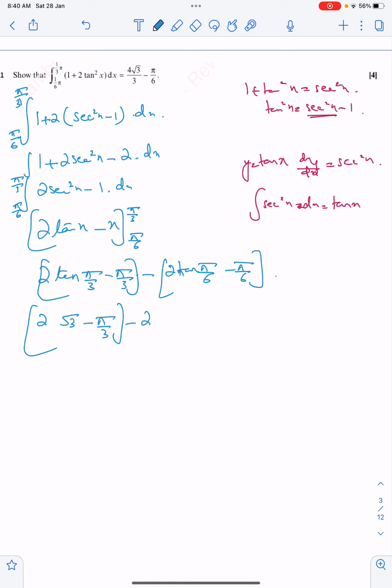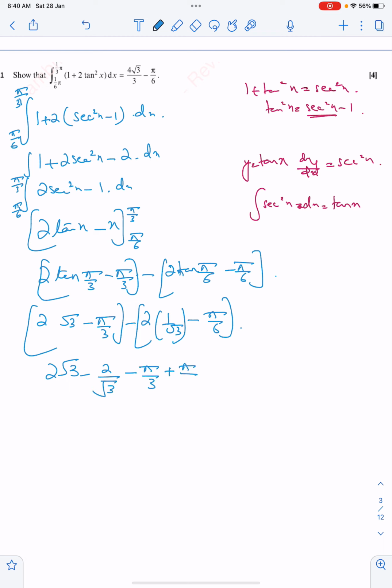Minus 2 times tan of pi by 6, which is 1 upon root 3, minus pi by 6. Let's simplify this. It's 2 root 3 minus 2 upon root 3 minus pi by 3 plus pi by 6.